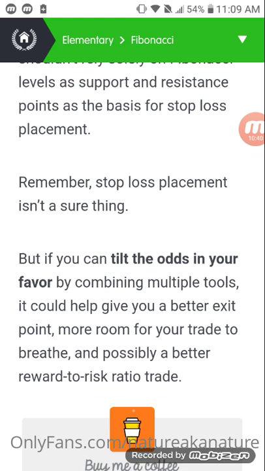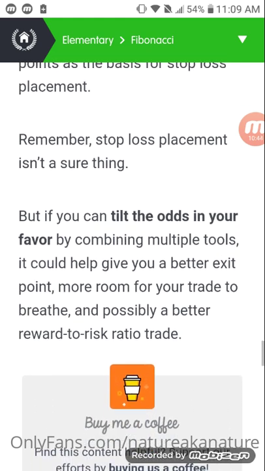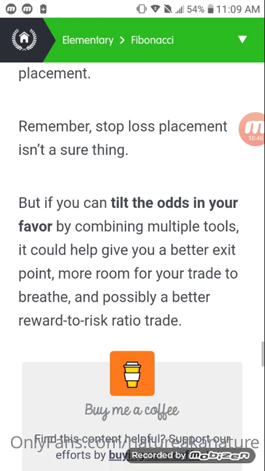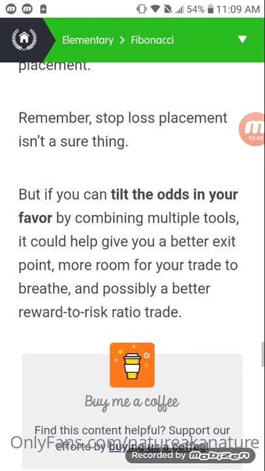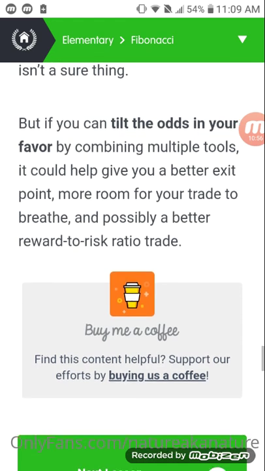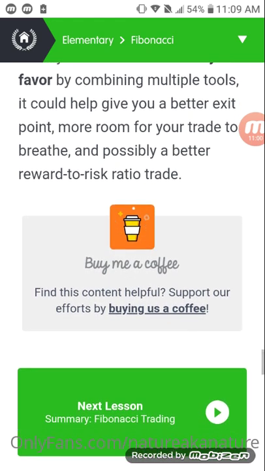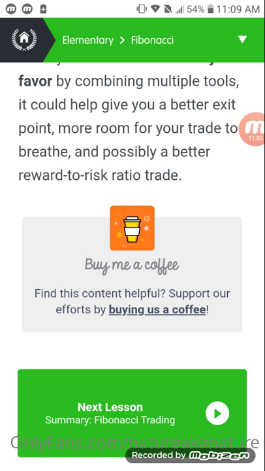You can tilt all the odds in your favor by combining all these multiple tools, and it can give you a better exit or entry point and more room for your trade to breathe, and possibly make you a better reward-to-risk ratio. Don't risk all your account. Combine everything together.